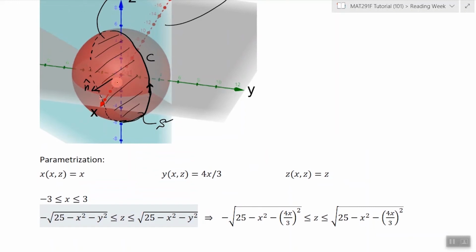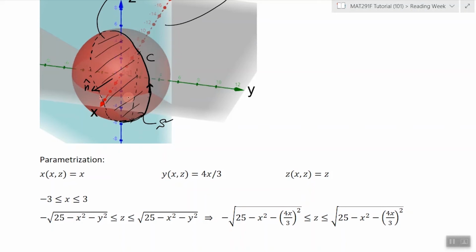So when you vary x, you're changing where you are on this plane in this direction. And then for every one of those x's, you need to figure out how the bounds on z will go. You see that all those endpoints on z lie on this sphere, right?